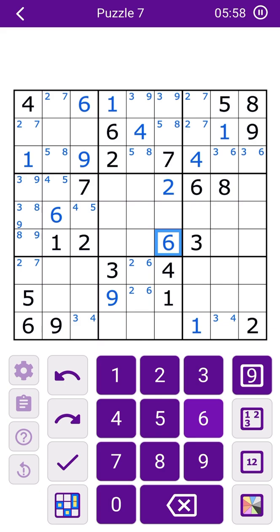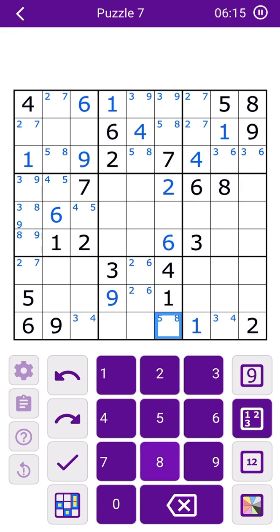Now, if we're looking at column 6 here, we need 3, 5, 8, and 9. And since we have 3 and 9 in this box and this row, we can place 5, 8 there. We'll put 3 and 9 there.